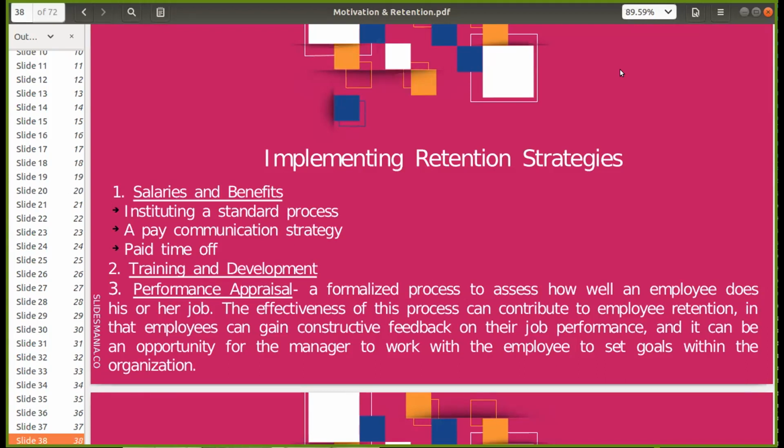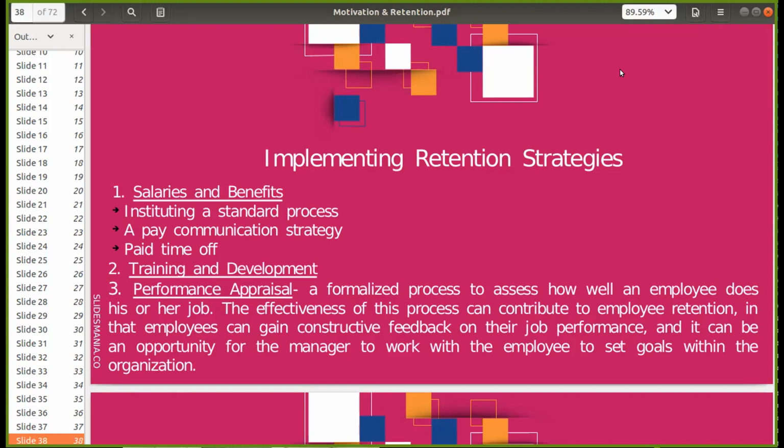Depende sa company, iba naman annual. So, the effectiveness of this process can contribute to employee retention. So, yung mga napasok ko dyan yung mga KPIs, if you're meeting the KPIs or key performance indicators. In that, employees can gain constructive feedback on their job performance.